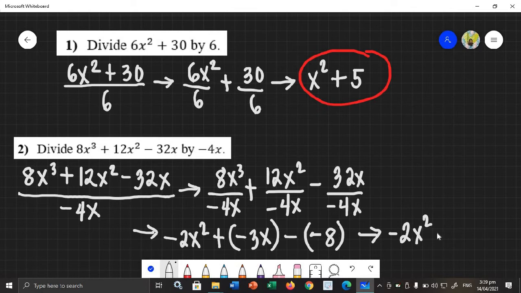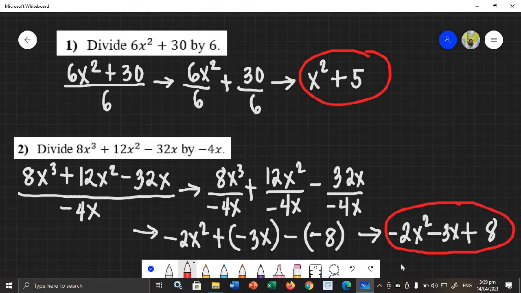Positive times negative is equal to negative, and then we copy 3x. Then negative times negative becomes positive, and then we copy 8. Therefore, this is now our quotient for example number 2: negative 2x raised to the second power minus 3x plus 8.